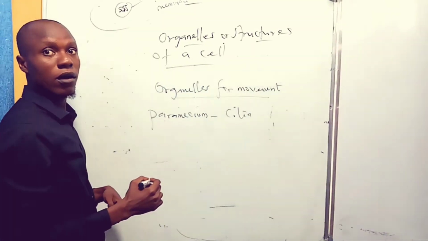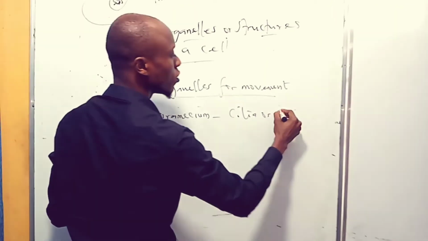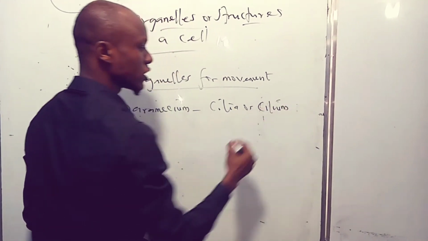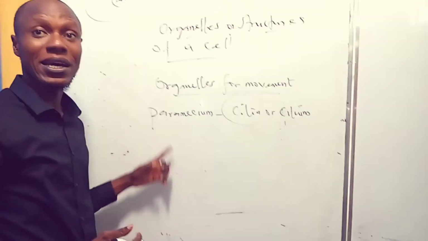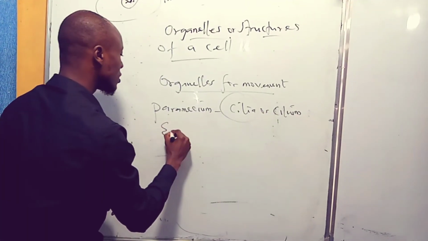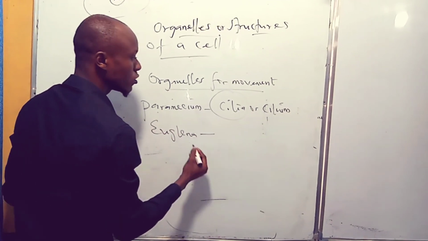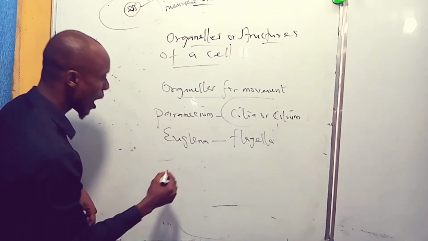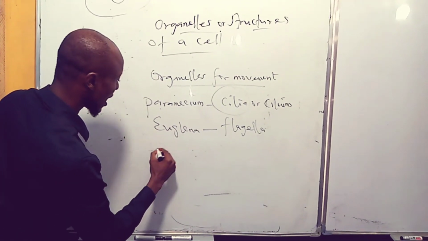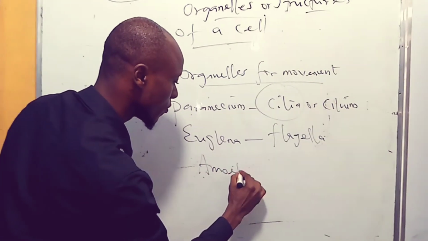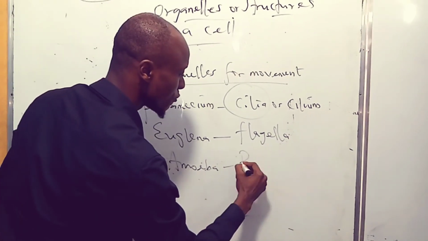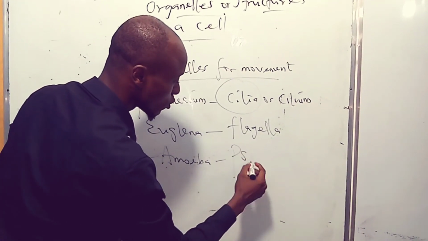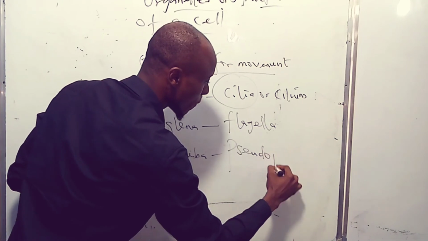Cilia, or cilium for singular, that aid movement in paramecium. And organisms like Euglena use what is known as flagella. Why? We have organisms like the amoeba that use what? A false foot known as what? Pseudopodium.